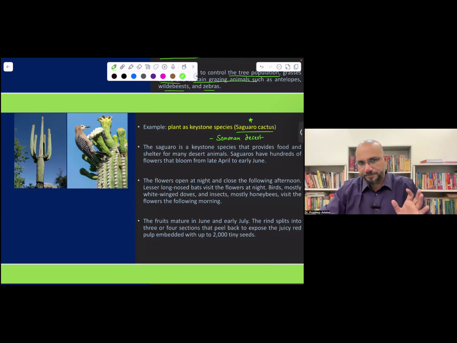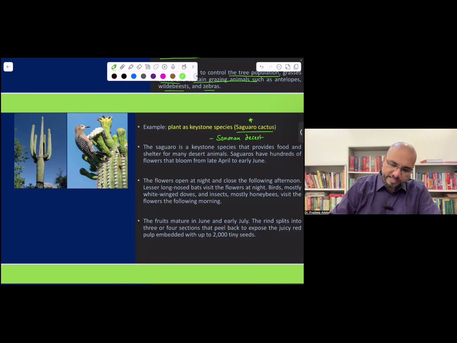Okay, so it is a very important species of Sonoran Desert in North America. So saguaro is a keystone species that provides the food and shelter for many desert animals. So in this Sonoran Desert, it supports many species. Okay, so this is a plant which is acting as keystone species. If you remove this saguaro cactus, other species will be affected.